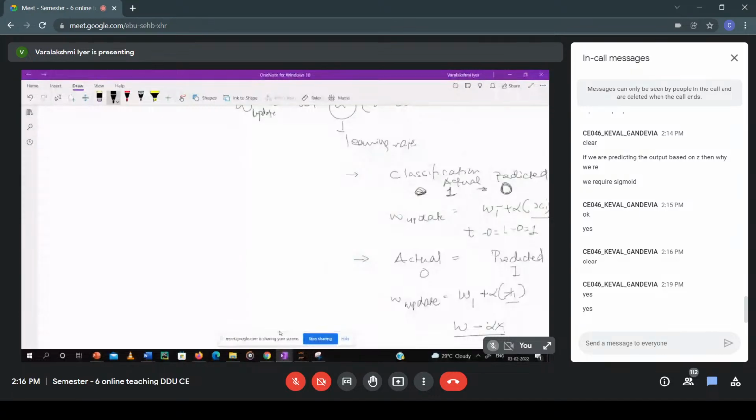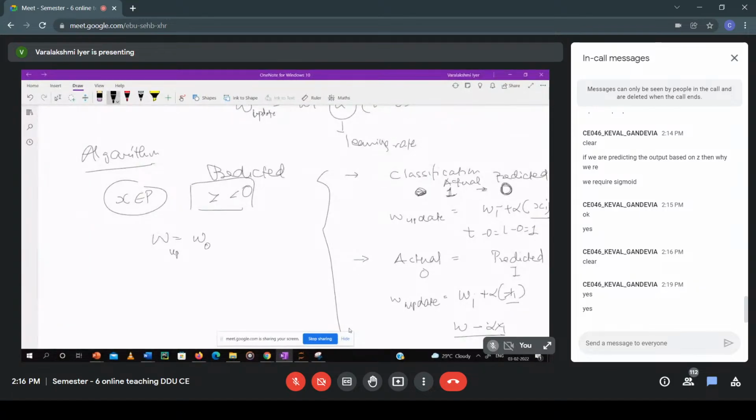So your generalized algorithm will be something like this. If your point was in the positive plane but your z value is negative, then the updated W equals W old plus alpha times x.